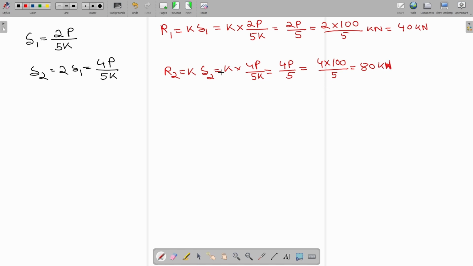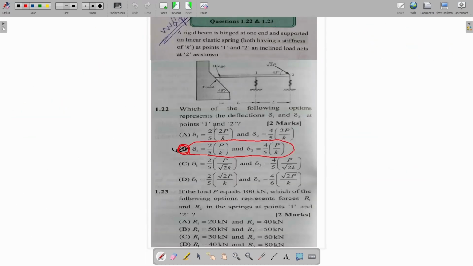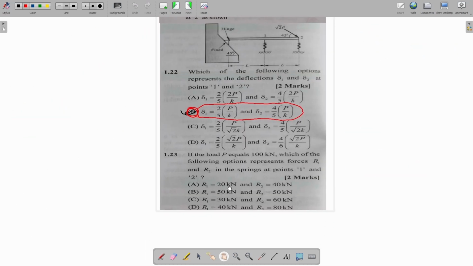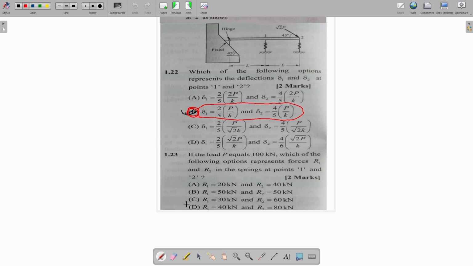So R1 is 40 and R2 is 80. Therefore, the correct answer is option D: R1 is 40 and R2 is 80.